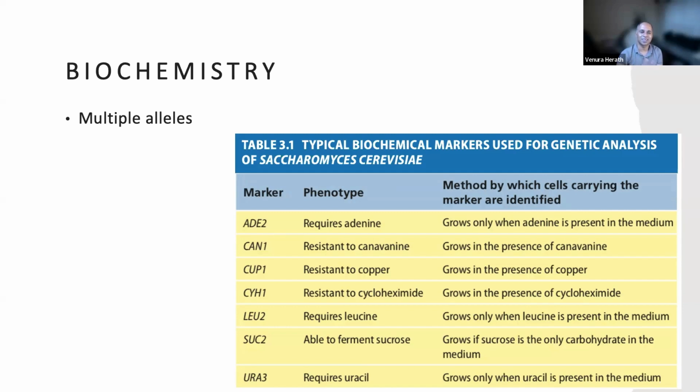So earlier, if it's the eye color, let's say there were only two phenotypes, red or black. But now with the help of biochemistry, you can study even more characters, because now you have more chance of detecting these compounds.